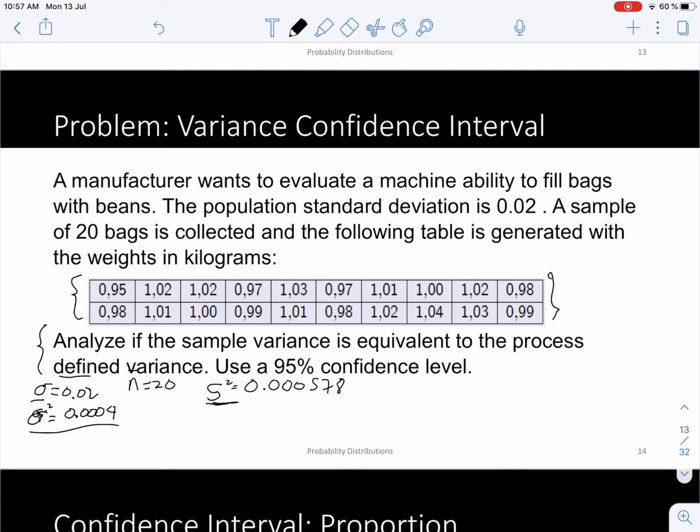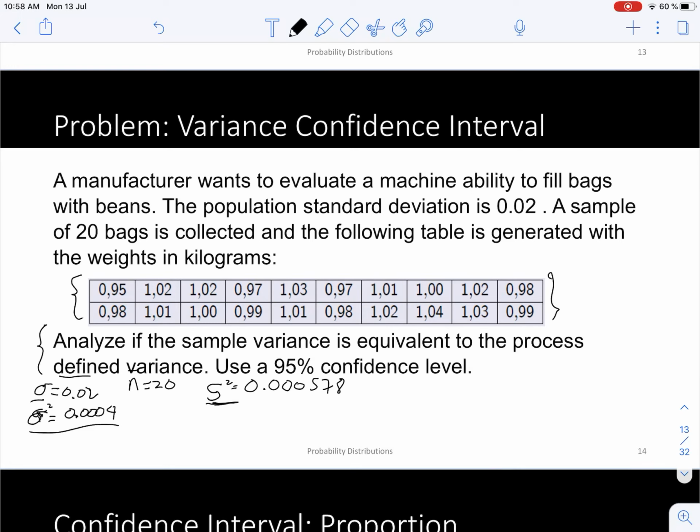So what we're going to do is create a confidence interval. That's our estimation of the parameter. And then we need to check whether the 0.0004 is included or not. If it's included, then we can claim that they are equivalent. But if the true value is not included in the confidence interval, then you will have a suspicion that most likely it is not true. It's not following the guideline or the historical value.